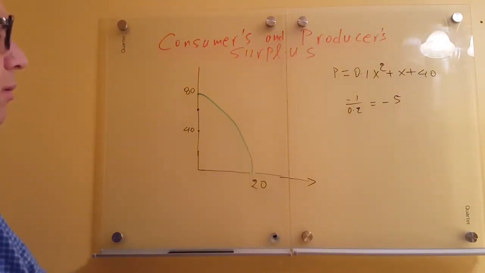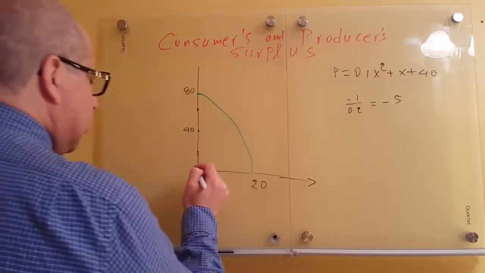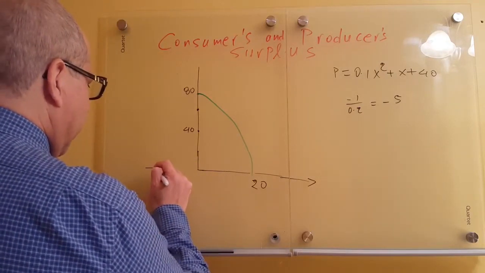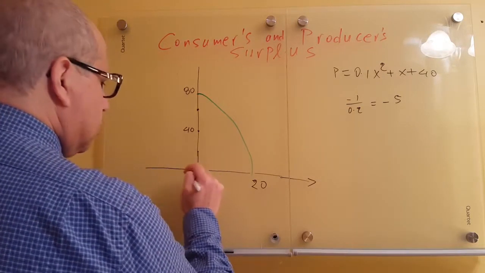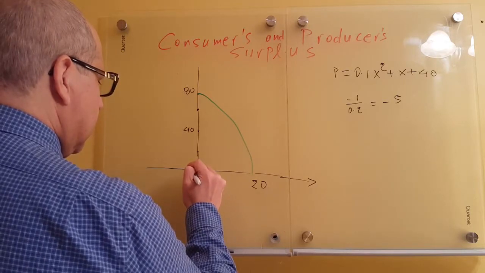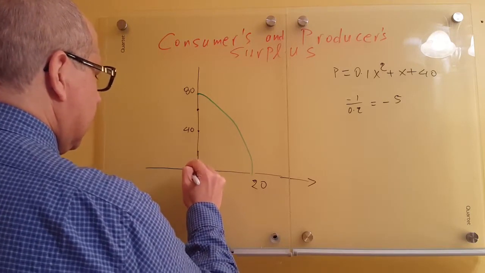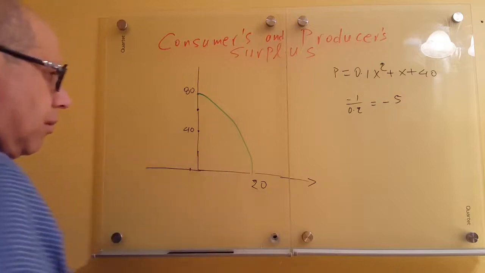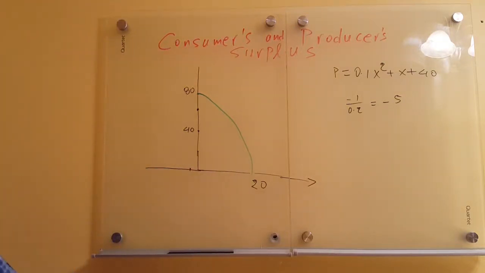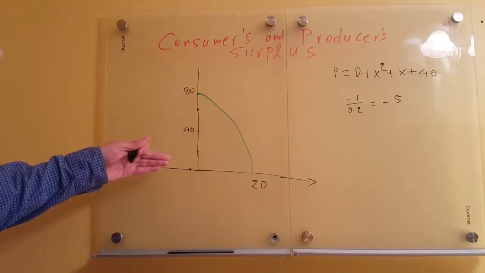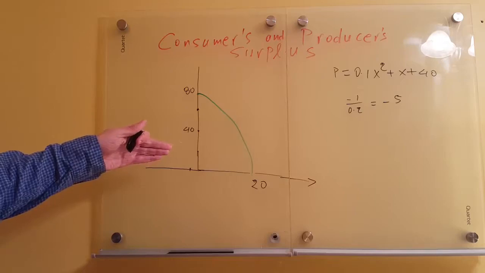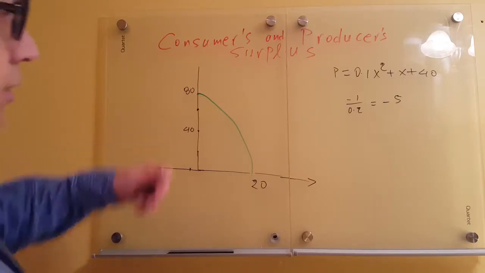So that means the vertex is approximately here. That's the x-coordinate of the vertex.